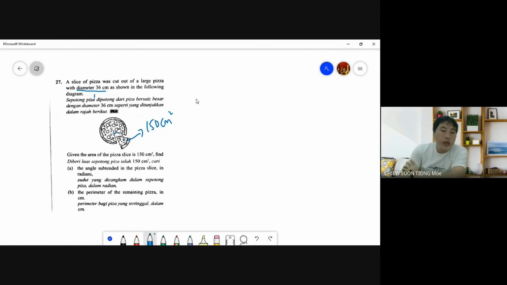Okay, so diameter 36 automatically brings you one information, radius equals to 18 cm. So what we're going to do is using the area to do, because given is area equals to 150. So we know 1/2 r square theta equals to 150.